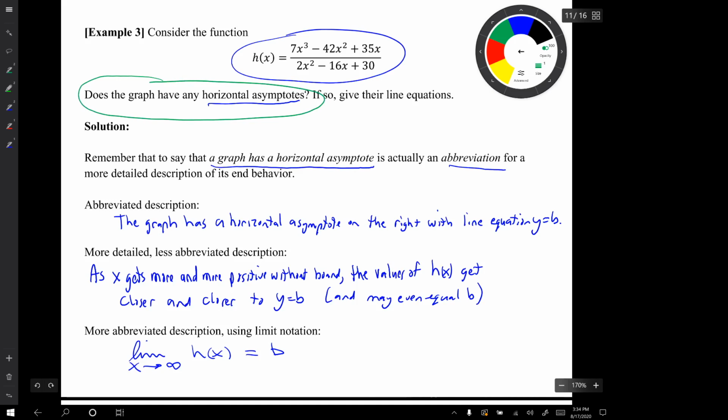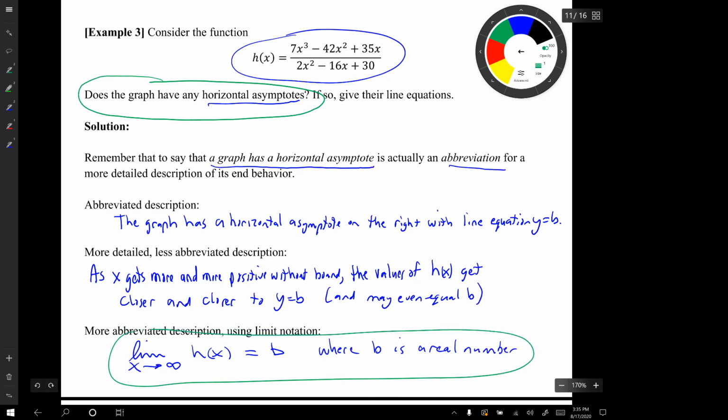We're being asked about horizontal asymptotes. Well, we have made the connection that if a graph has a horizontal asymptote, then its limit is b, where b is a real number. So the question of whether the graph has any horizontal asymptotes leads us to investigating the limit as x goes to infinity of h of x and seeing what we get.